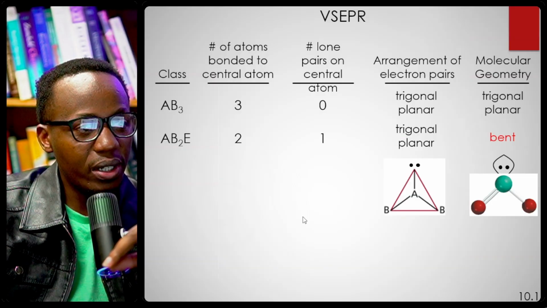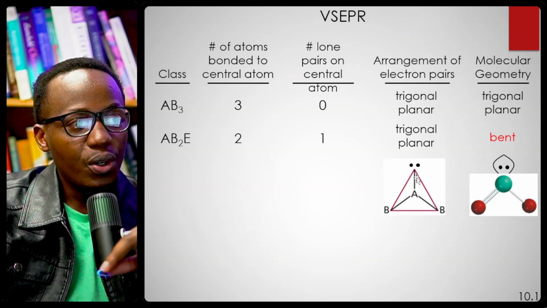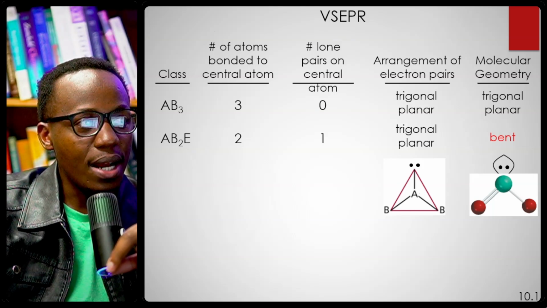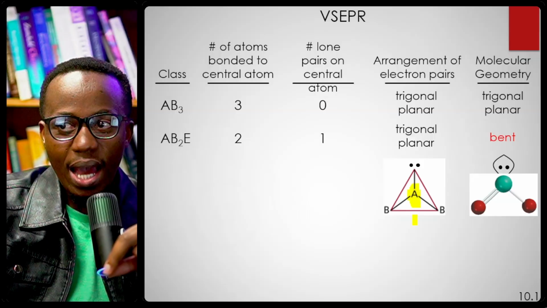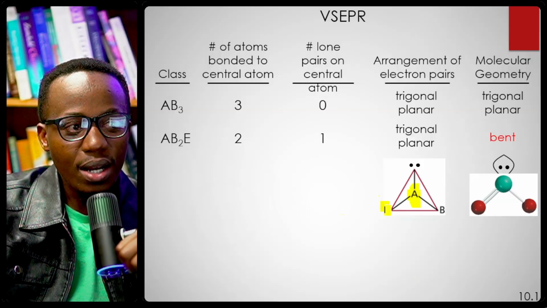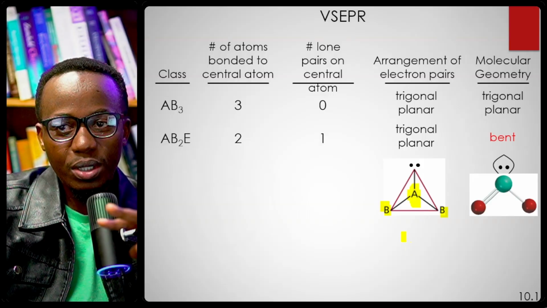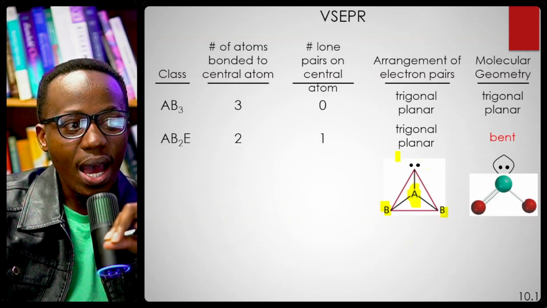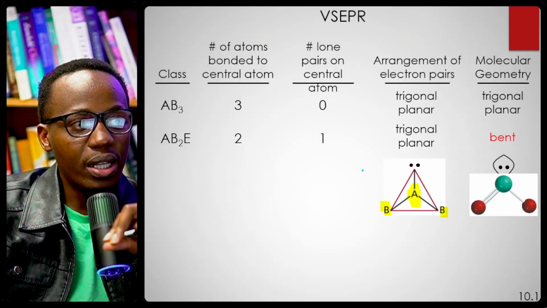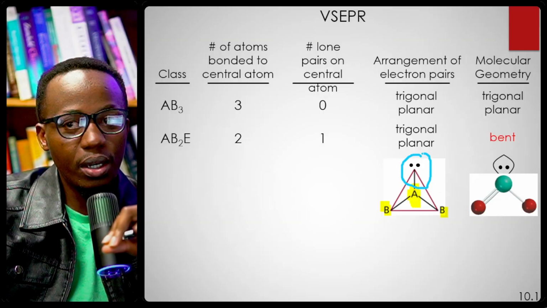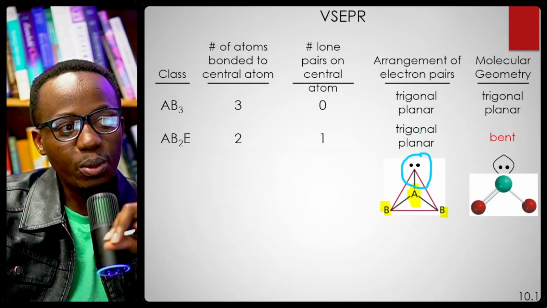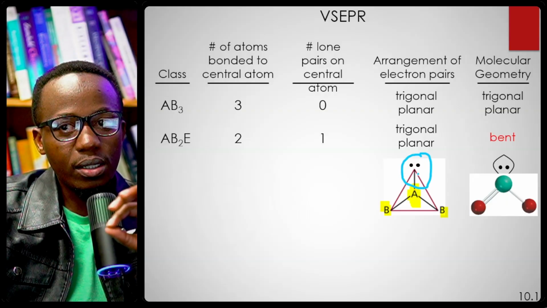If you have a pair of electrons, for example, you have an atom in the middle and two atoms on the side. Remember that earlier, an atom in the middle and two atoms on the side is linear. But if it has a pair of electrons in the middle here, it's going to be bent.